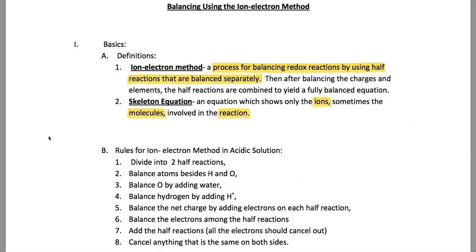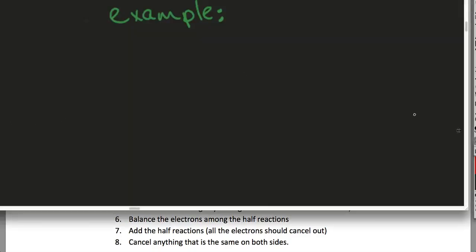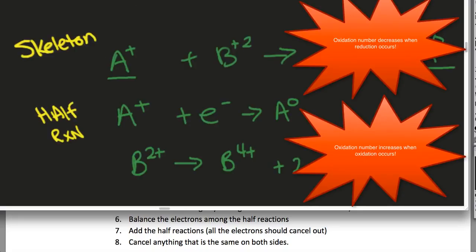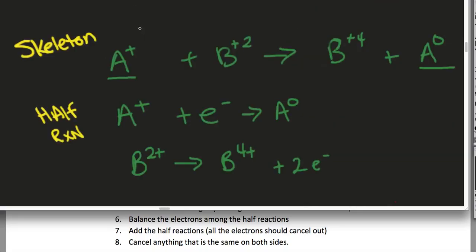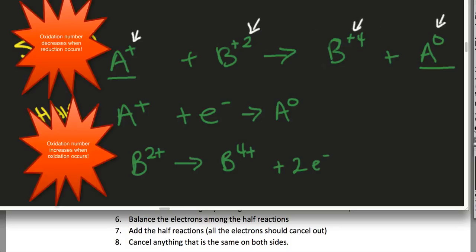So as a result, I guess I could write this stuff down for you. If you remember, basic example, it doesn't matter what A and B are, the key is looking at their charges, their oxidation numbers. In this case, because they're ions, their charges and oxidation numbers are one and the same.